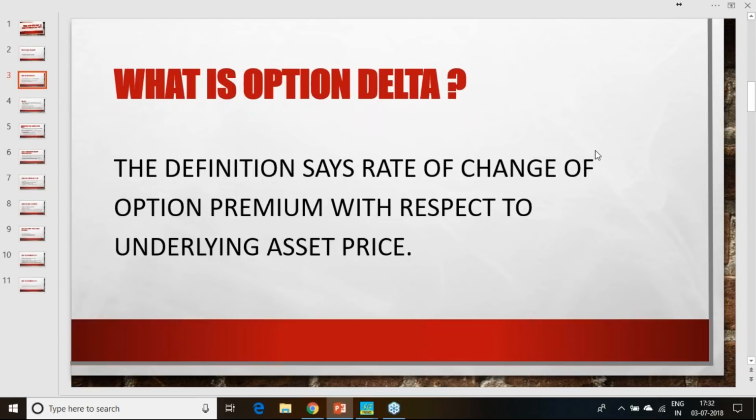So by definition, option delta says the rate of change of option premium with respect to underlying asset price. So with respect to underlying asset price, how can the option premium change? Say a 10,700 call option of Nifty is trading at 142 rupees now and its delta is 0.45.